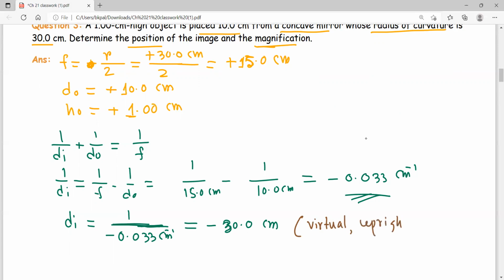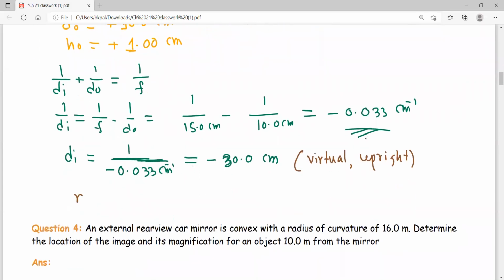So this time we will see that the magnification is positive. We just need to calculate the magnification, not the image size. The magnification will be minus DI over DO. So DI is negative 30 and DO is positive 10.